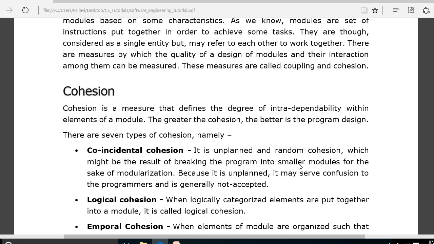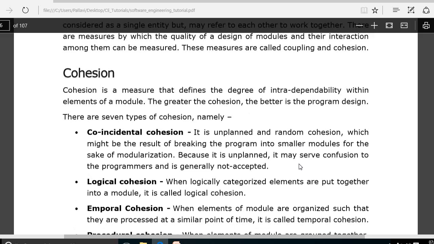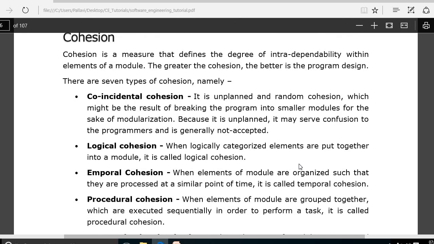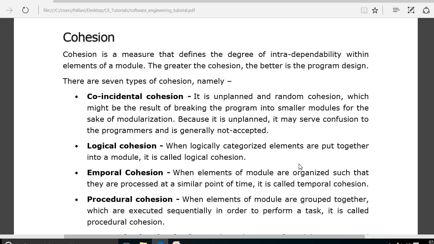Number 1, coincidental cohesion. Coincidental cohesion means unplanned and random cohesion, which might be a result of breaking a program into smaller modules for the sake of modularization. Because it is unplanned, it may cause confusion to the programmer and is generally not accepted.